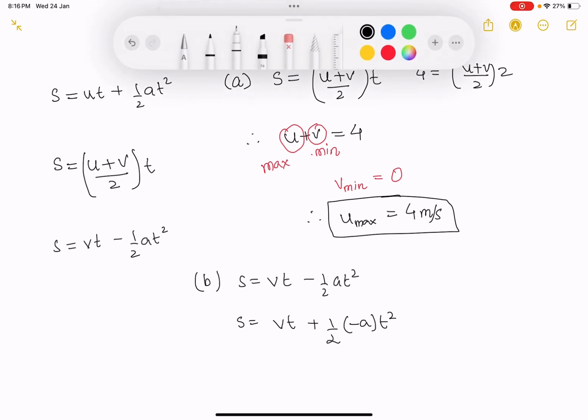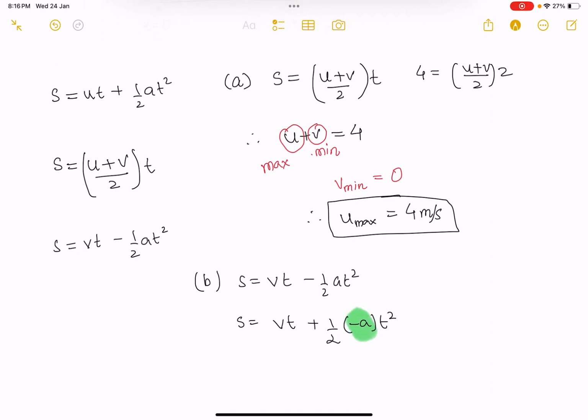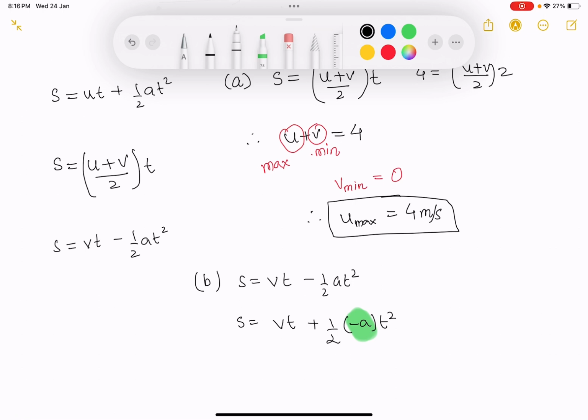Now once again, what we want is, we want the value of this minus a to be maximum. We want the retardation to be maximum. And if we want the retardation to be maximum, we need to have the value of this velocity as minimum.